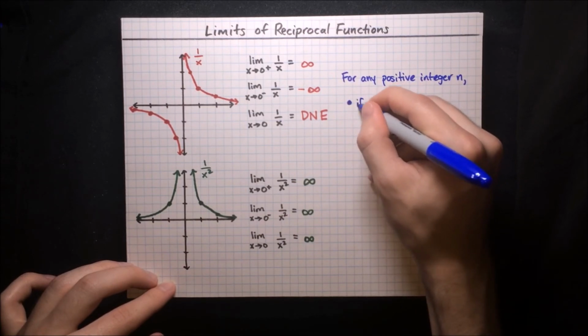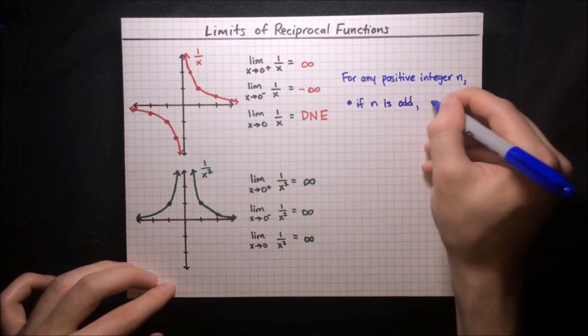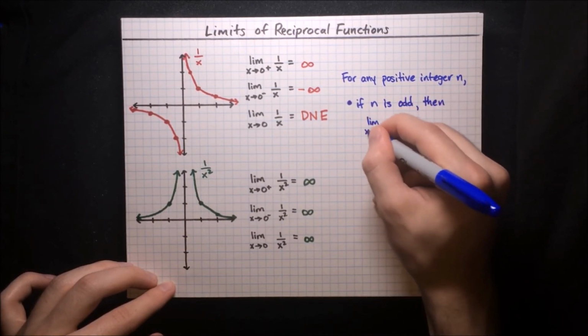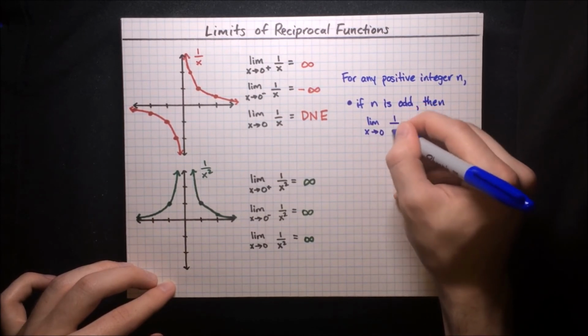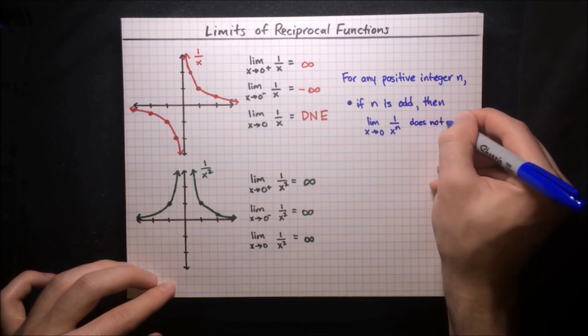First of all, if n is odd, then the limit as x approaches 0 of 1 over x to the n does not exist.